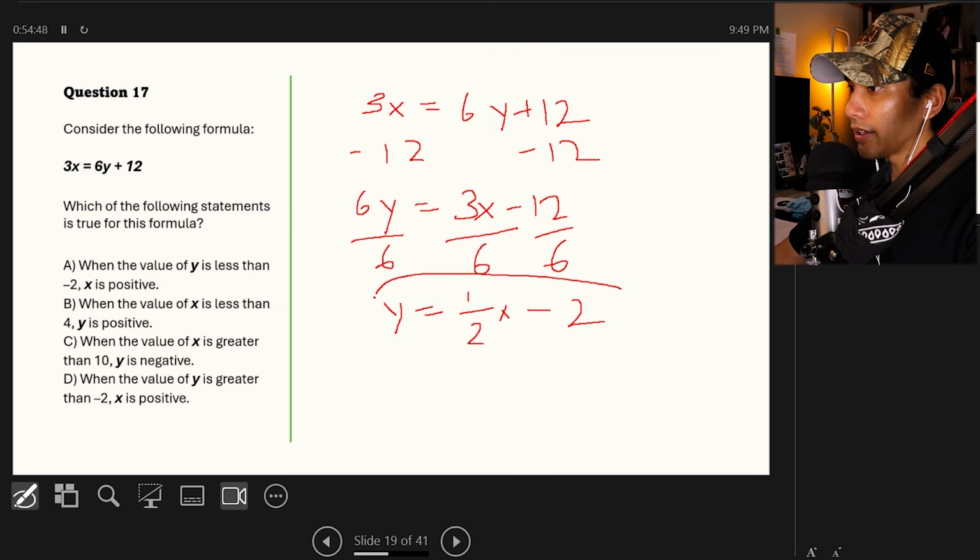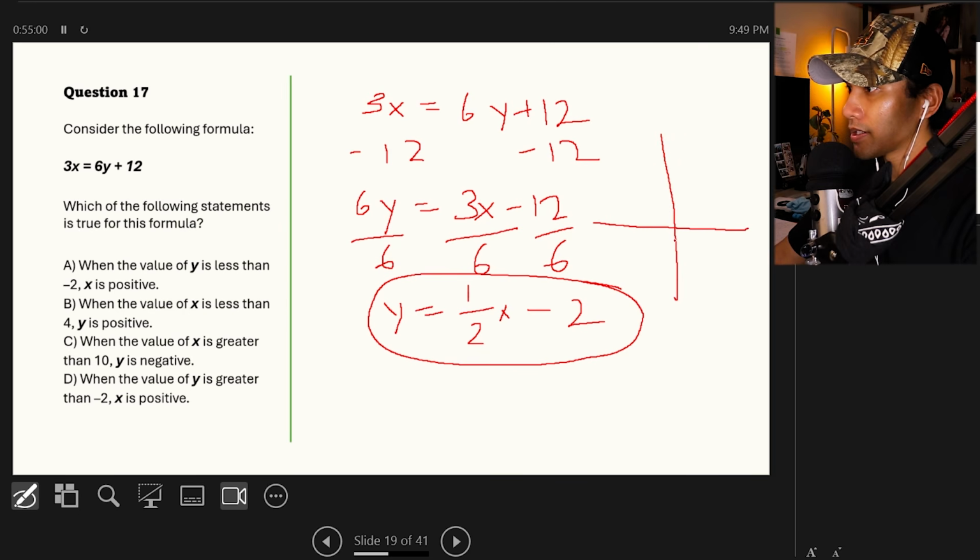So that is the equation that we are going to be working with, right? This is what we could plot. The b is our intercept, minus 2, so I'm going to put a plot here.